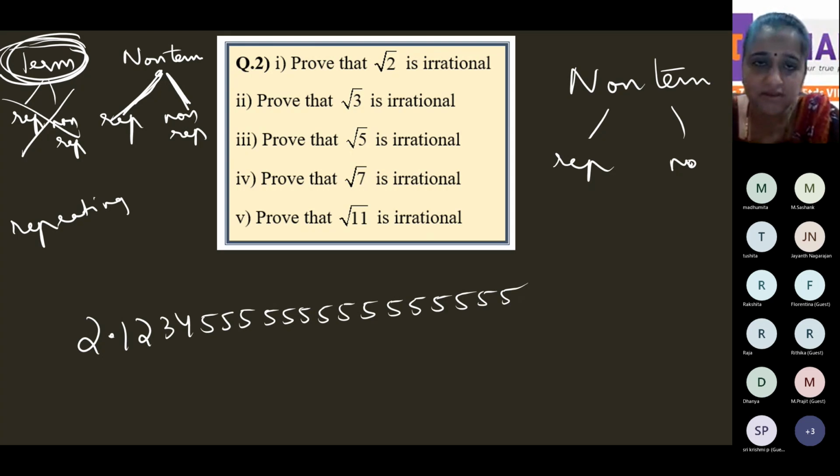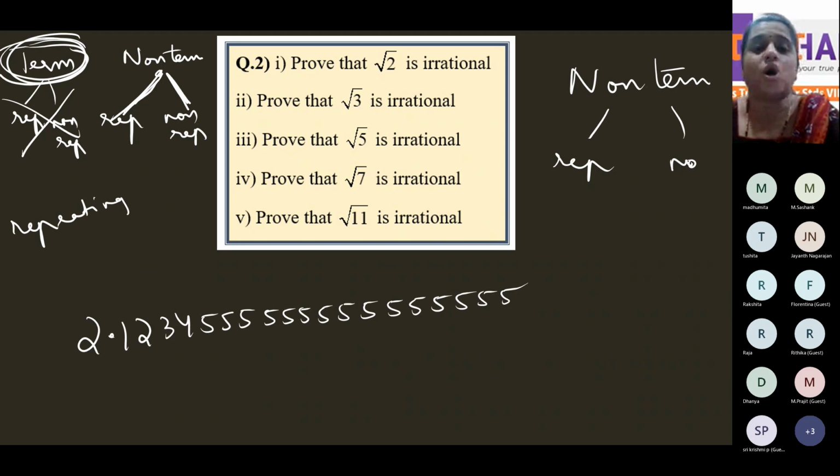Non-terminating decimals can only be non-terminating repeating or non-terminating non-repeating. So when we say repeating decimal, that means it is non-terminating repeating. When we say non-repeating decimal, it's understood it is non-terminating non-repeating.